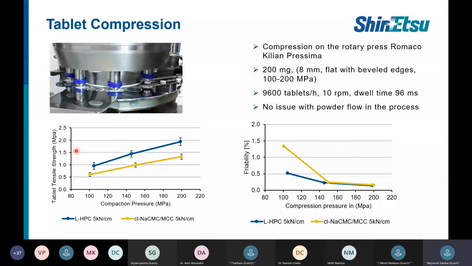With the LHPC, the tensile strength was much greater as compared to the croscarmellose sodium. Similarly, in case of friability, LHPC is showing very low friability, even less than 0.5 at lower compression pressure. That is the dual advantage of using LHPC, especially NBD 021, in the roller compaction process, that it acts as the dry binder cum disintegrant.